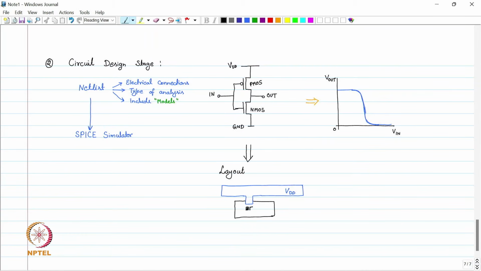These are contacts, and then we have the polysilicon which is the gate, and on this side we have the output.